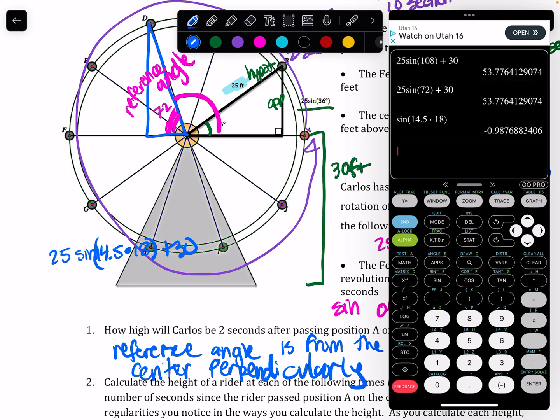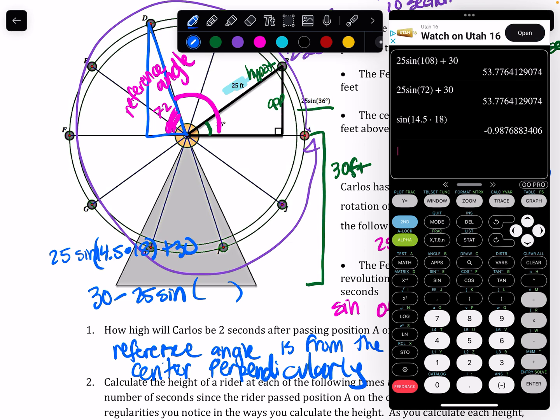So if we'd use the reference angle for 14.5 seconds, then I would have to decide that I need to do 30 minus 25 sine of the reference angle for 14.5 seconds. Okay? And that sign would be positive. That value of sine would be positive.